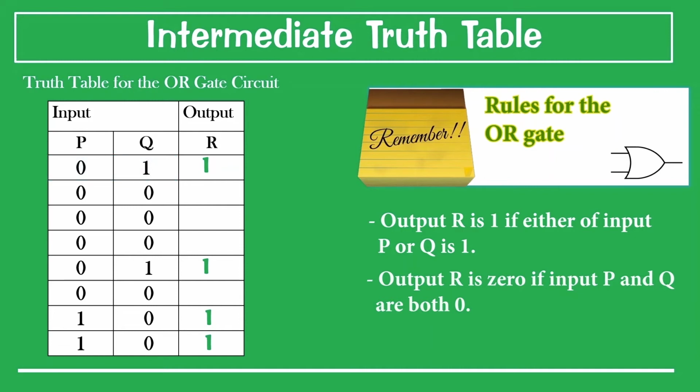R is negative, which is 0, if P and Q are both negative, which is 0. Note if P and Q are both 1, the output will be 1, meaning at least one input has to be 1 to give a positive output.